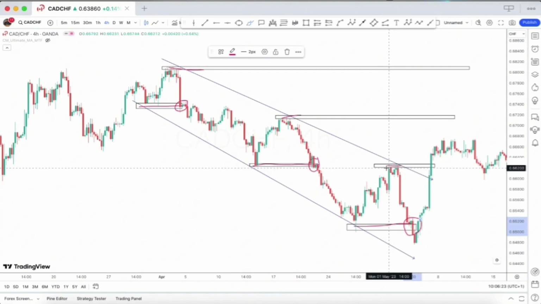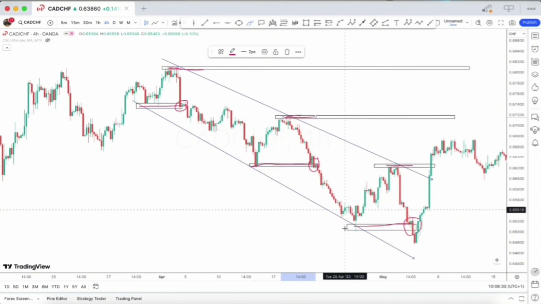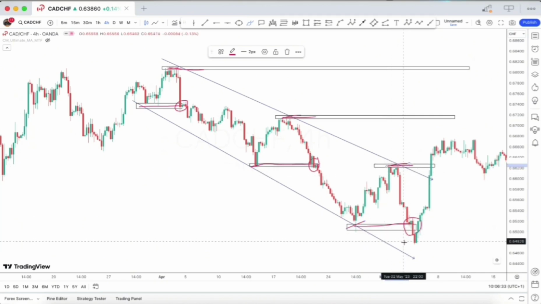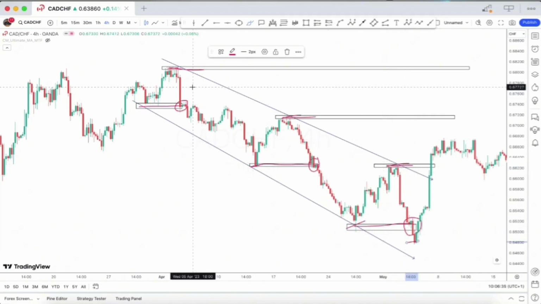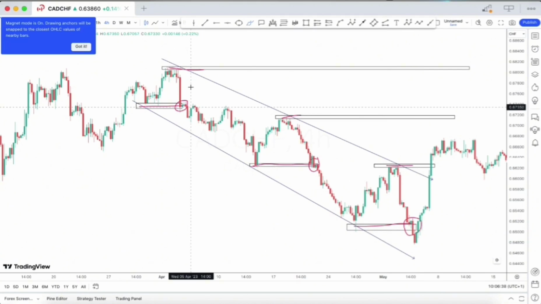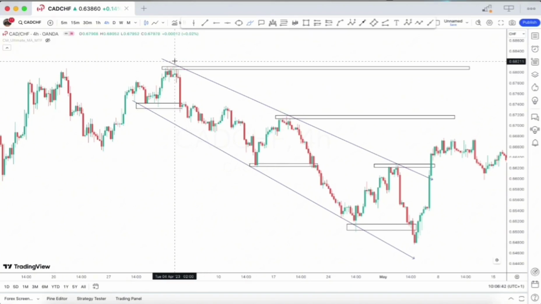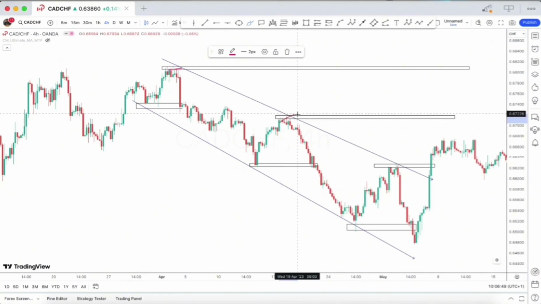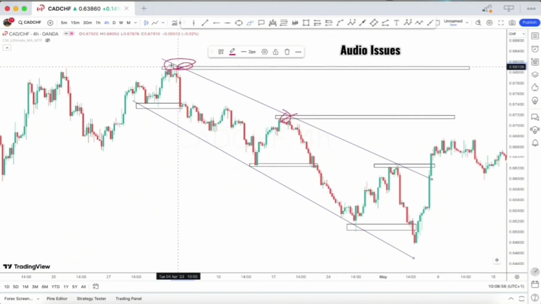But you can see in this case right now, this is the previous lower high, this is lower high, this is lower low, this is lower high, this is lower low, this is lower high, this is lower low, right? The reason why this is a high is because it's at the top. And the reason why this is a lower high is because it's at the top and it is lower than this previous one right here.